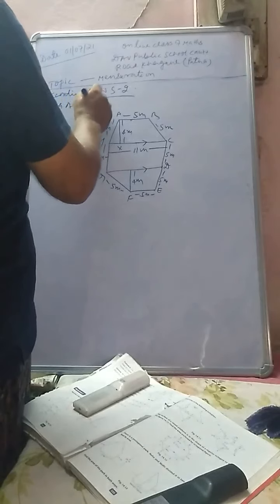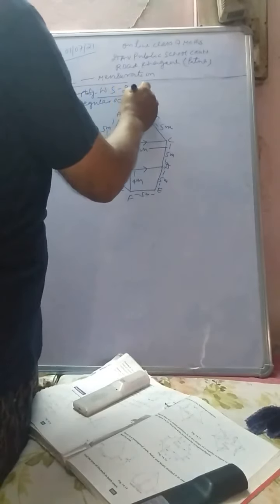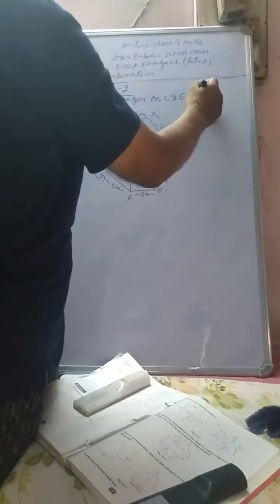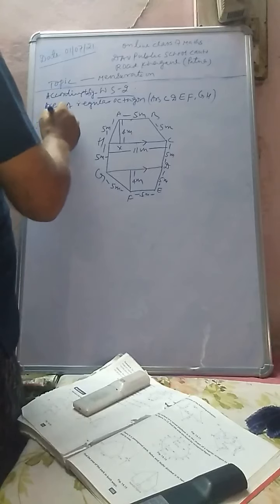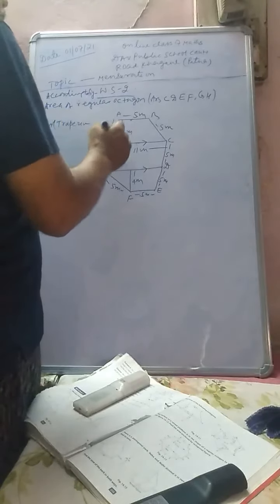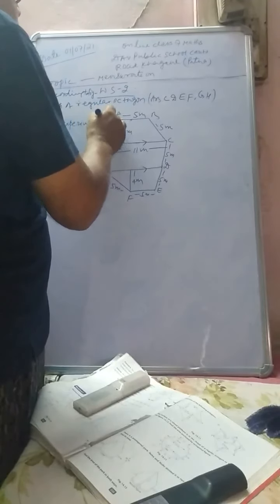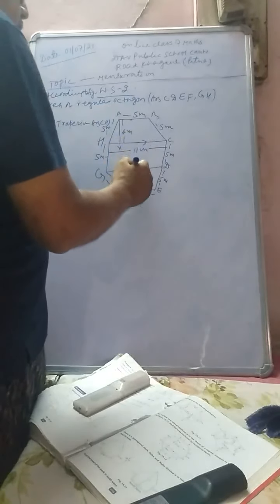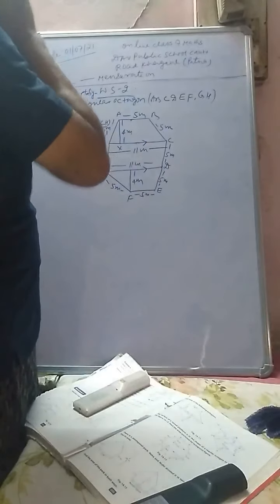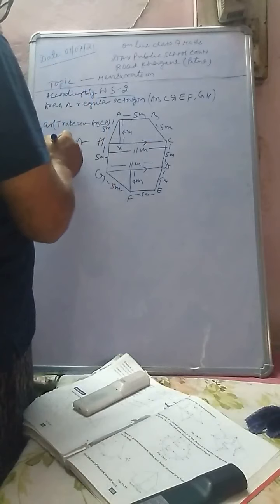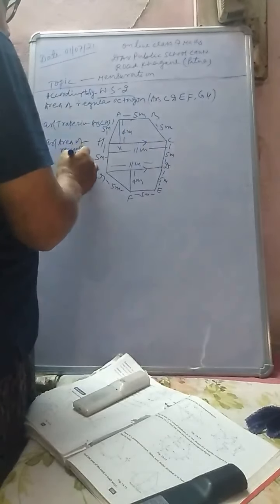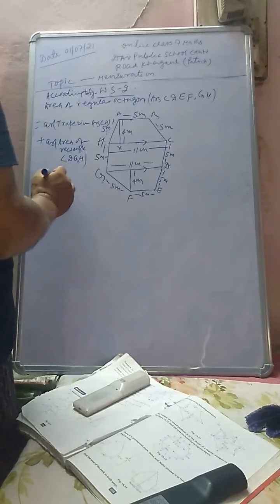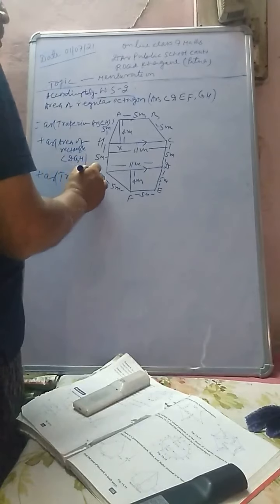Area of regular octagon A, B, C, D, E, F, G, H is equal to area of trapezium ABCH plus, this is 11, that is 11 meter, this is 5, that is 5, area of a rectangle CDGH plus area of trapezium DEFG.